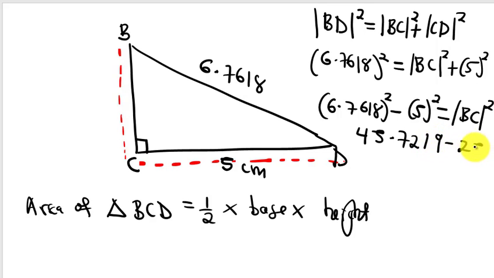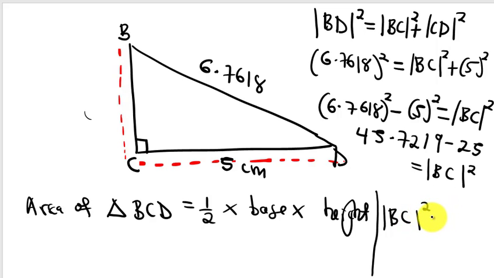Minus 25, and this will be equal to BC squared. The 45.7219 minus 25 will give our BC squared to be equal to 20.7219. We want BC, so it means that we have to take the square root.